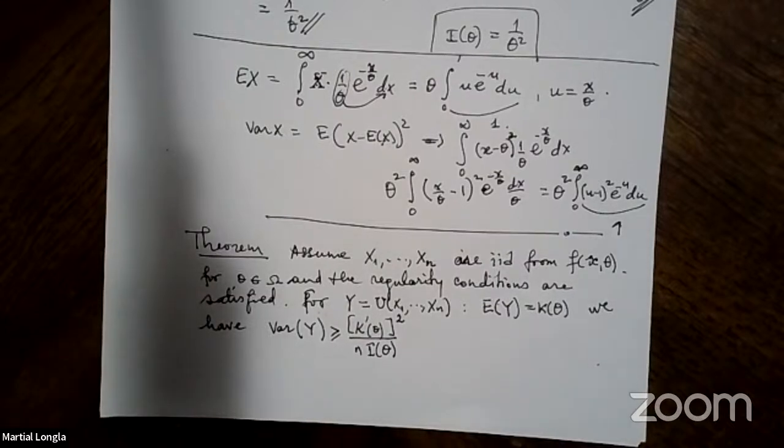So I of theta is something that allows us to have a lower bound on the variance of functions of the random sample.